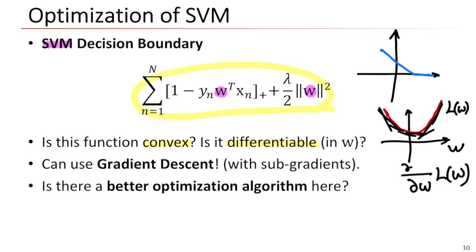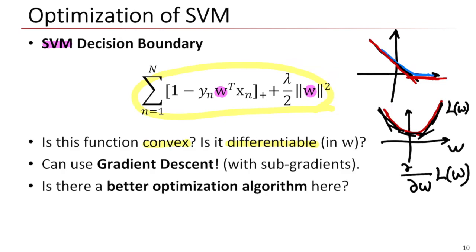But let's see this hinge loss case. When you think about the slope or the derivative here, there exists the derivative, right? And here there also exists the slope, right?